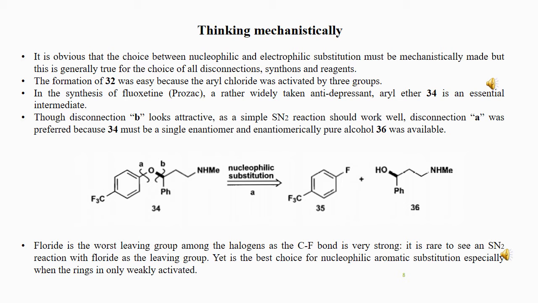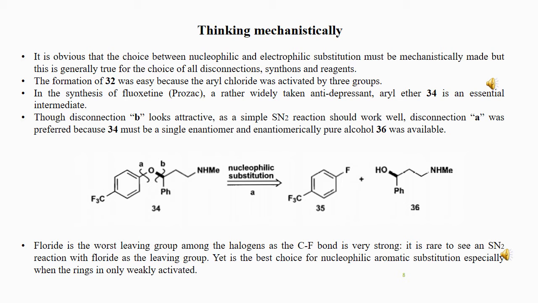Now we can think of 2 disconnections, one directly attached to the aromatic ring substituent and the other one, the carbon to oxygen bond, B disconnection, as is shown.